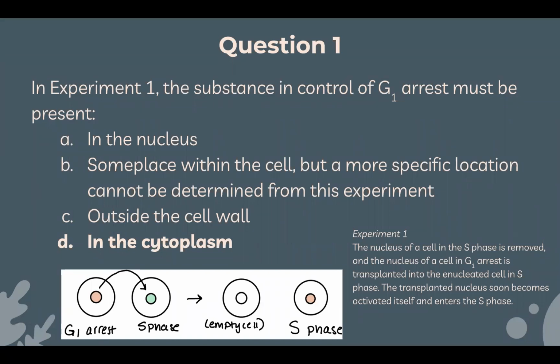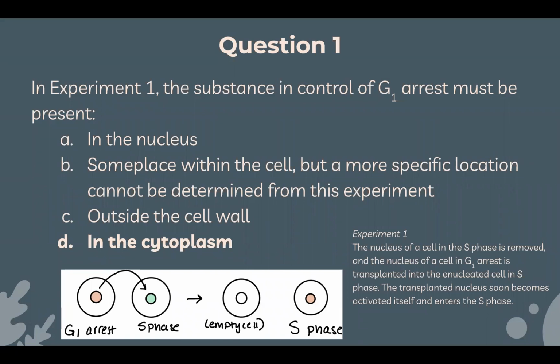So A is wrong because if the nucleus was in control of G1 arrest, then the transplanted nucleus would still be in G1 arrest. B is a little vague, so someplace within the cell could be the nucleus, it could be the cytoplasm, but we don't know from this one sentence. That's why D is the better answer. C is wrong. It's not specified in the experiment if we're dealing with plant cells, since animal cells don't have cell walls. Does that make sense?